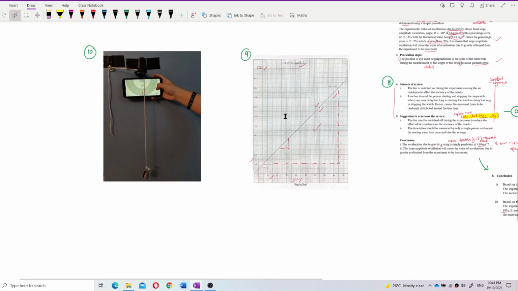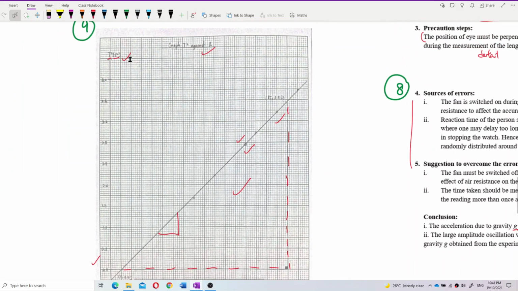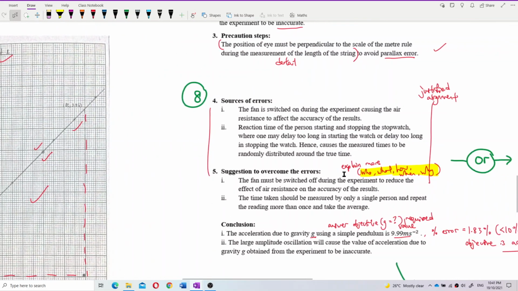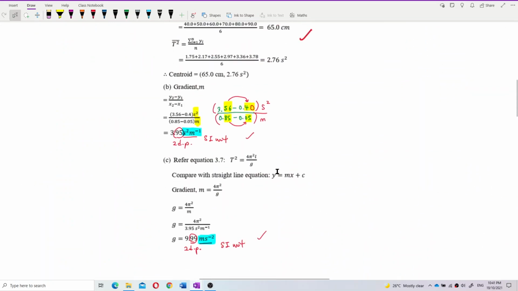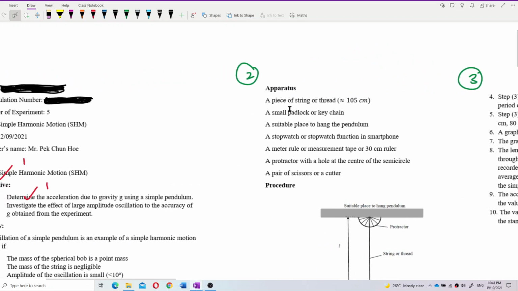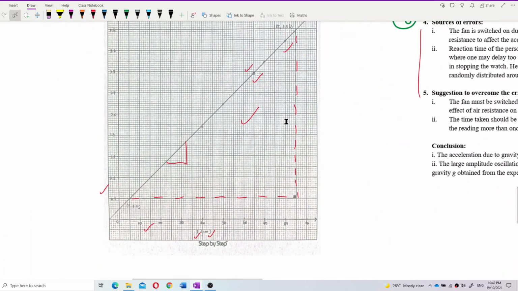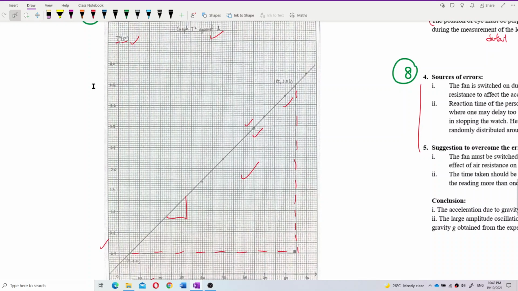You see, these students are so hardworking, pay attention to details. Everything is so neat, so pleasing to the eyes.